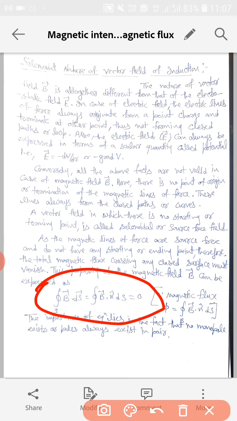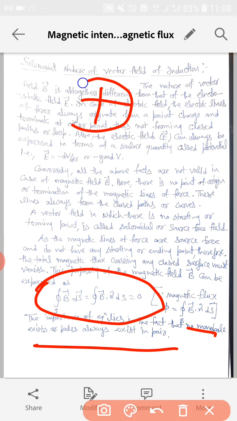The importance of this relation lies in the fact that monopoles do not exist in magnetism, or poles always exist in pairs. In electrostatics, we know positive charges can exist independently and negative charges can exist independently.